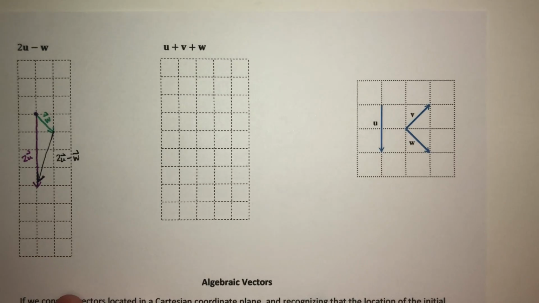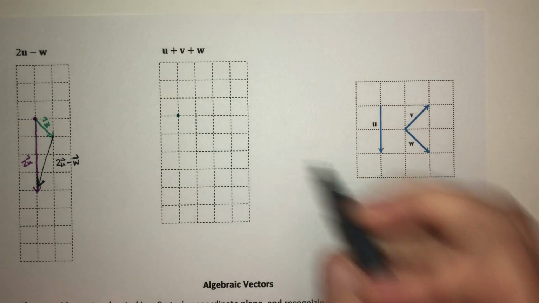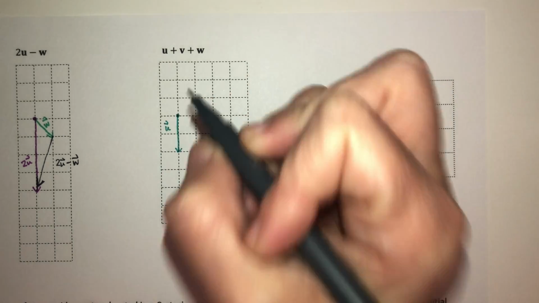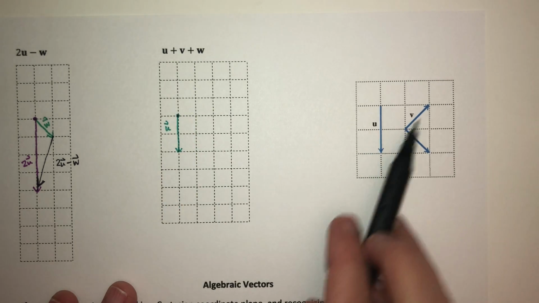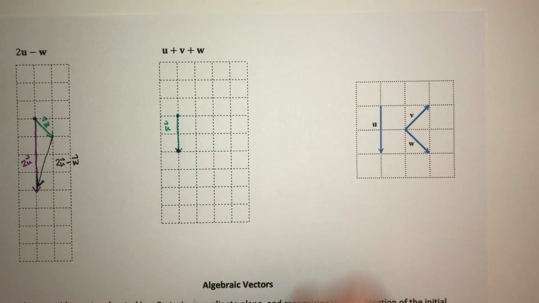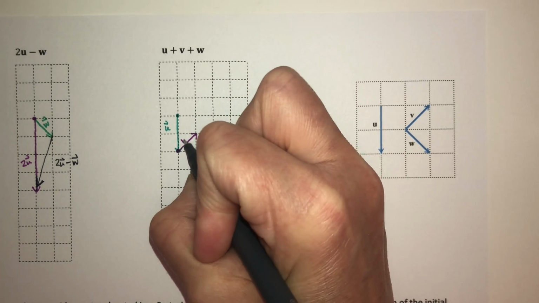Okay? Now let's do u plus v plus w. Okay, so let's draw in u first. So u is 2 down. So that is my vector u. Now all of these are addition, so we line up initial points with terminal points. So v goes 1 unit up, and I place it here, and I go up, so that's v.